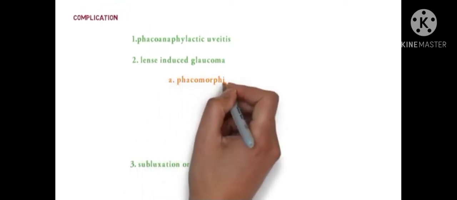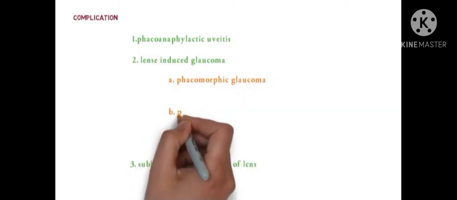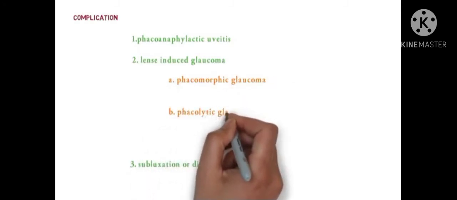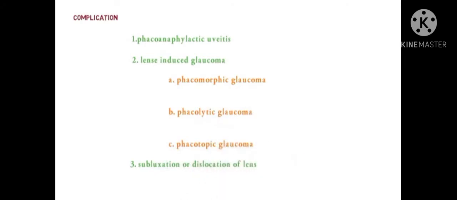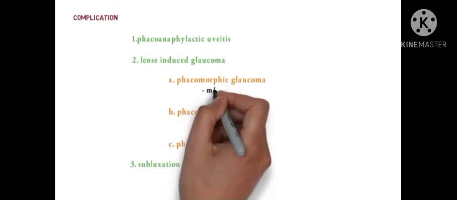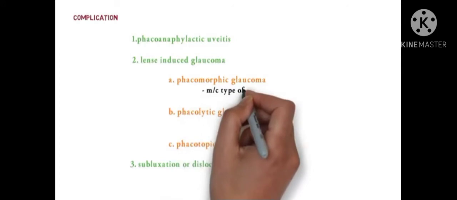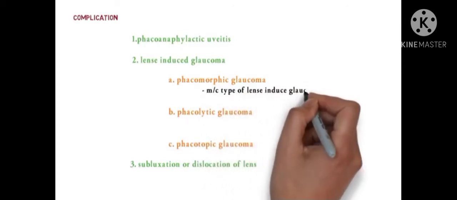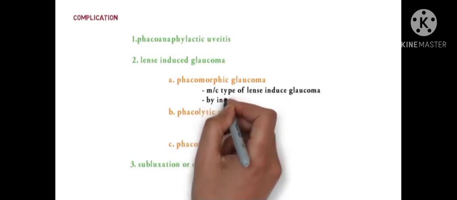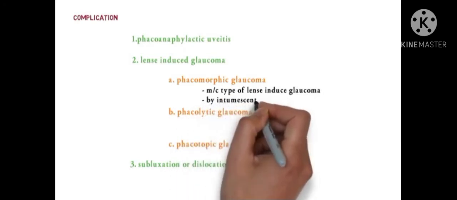The first one is phacomorphic glaucoma, the second one is phacolytic glaucoma, and the third one is phacotopic glaucoma. Phacomorphic glaucoma is the most common type of lens-induced glaucoma, caused by an intumescent lens.